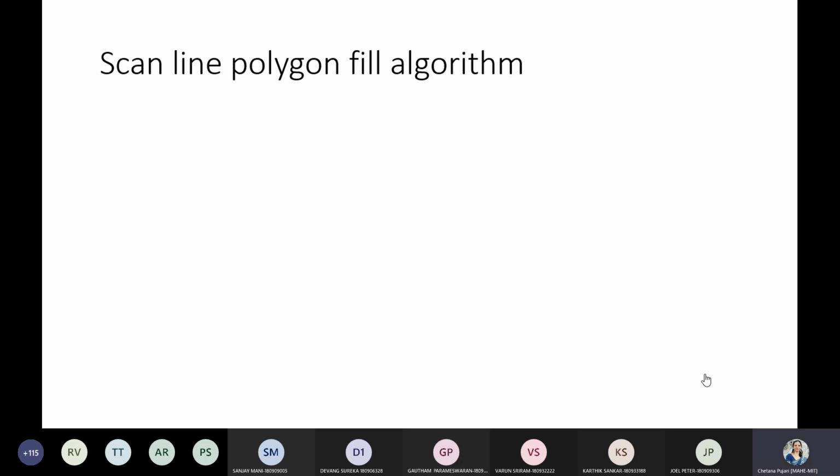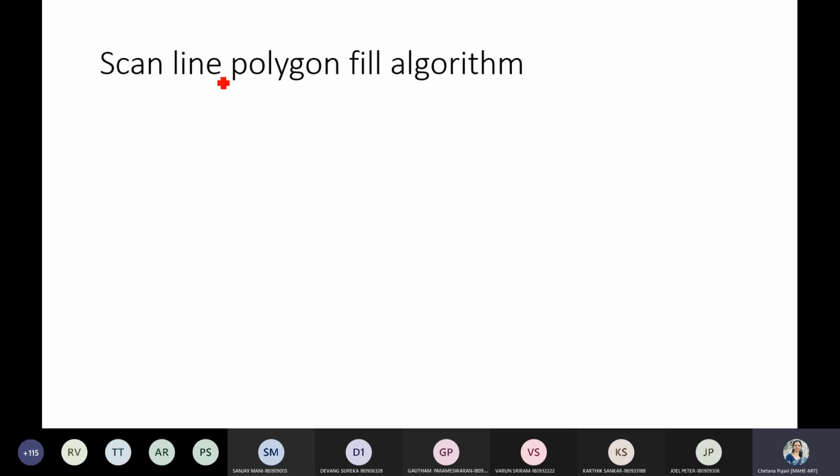Okay, let's continue. So the next algorithm which we are discussing is the scan line fill algorithm. As I mentioned before, here we are trying to fill a polygon with a specific color, and for that we need to find all the pixels interior to the polygon and its border, right? So that is our first thing.